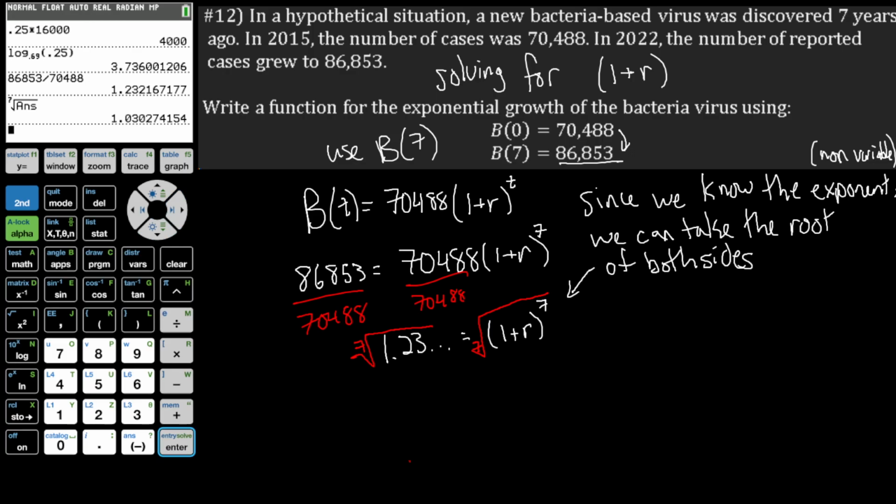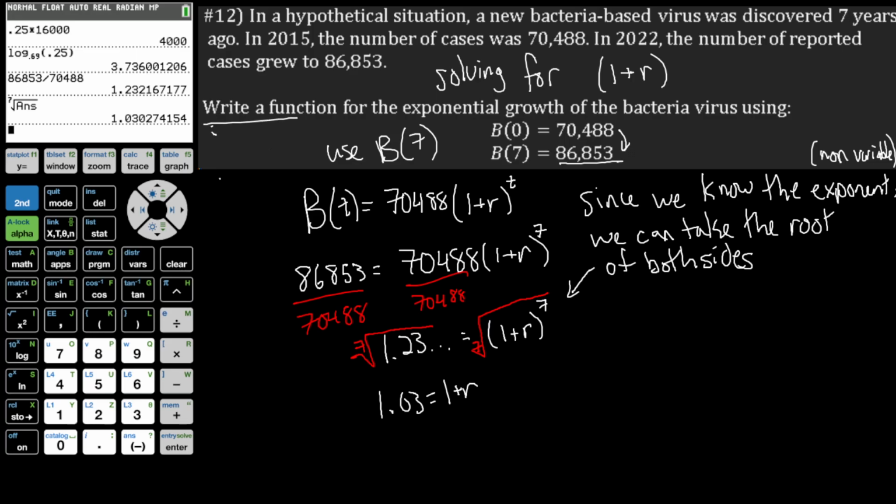So I'm going to say, go back, I think it was 1.03, yeah, it's going to be about 1.03 is equal to 1 plus r. And this is helpful because when we go to write our function, make sure, don't circle this as your answer. We need to write that function.